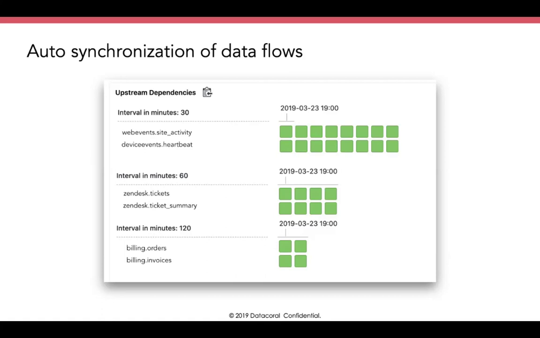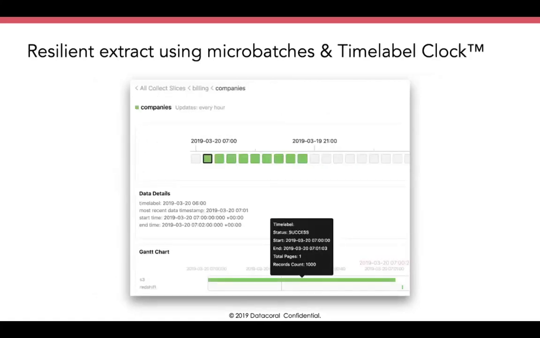It's a clever way I found to chunk out the data in these microbatches so that you're guaranteed to get the right data and you're not breaking or missing spots in the pipeline. But even in situations where the data has odd arrival times or odd record creation times, you can still accommodate that with the way that we work out this time label clock capability.